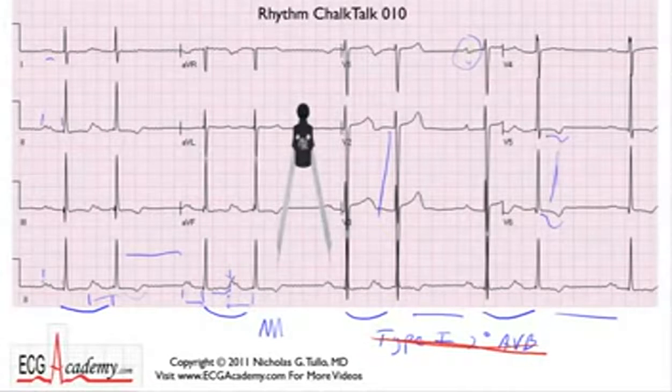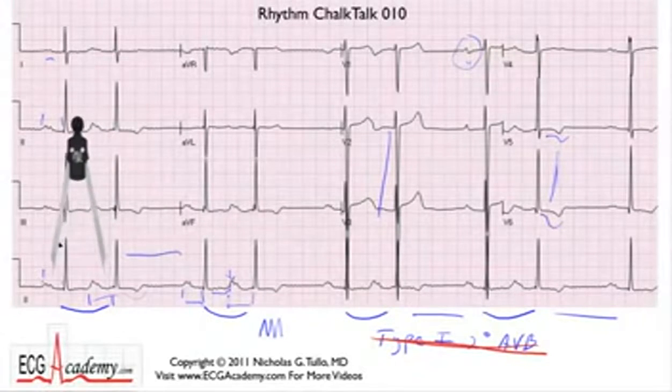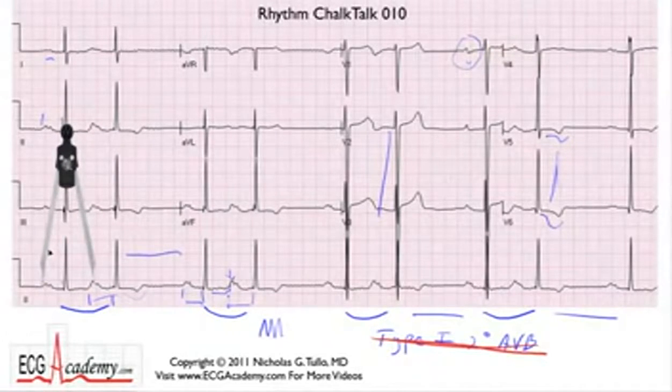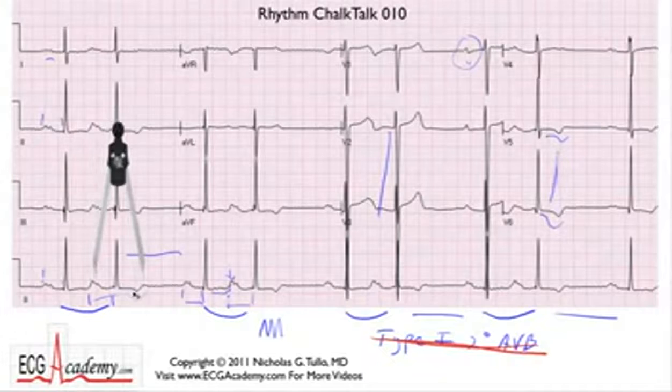What should we be looking for with our calipers? Well, one thing's for sure, let's look at the P to P interval. So we'll come down here. So there's more or less the P to P interval, right? And so let's look at the next sinus P wave, and wait a minute, where is it? Hold on. We know that there's a nice smooth T wave here.